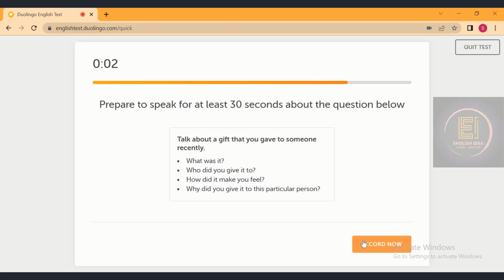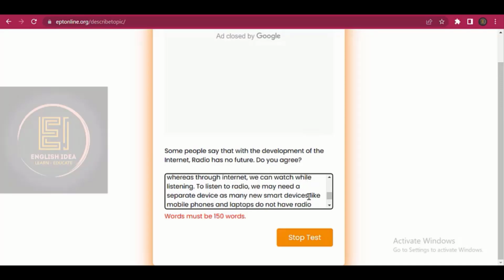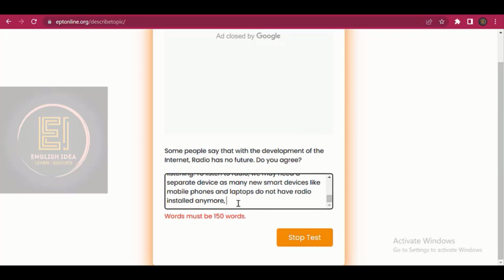Tip number 3. The simple method used for long writing and speaking sections. Now I'll share a method that will help you in your writing section. You start with a topic sentence. This will provide what the whole paragraph is about.